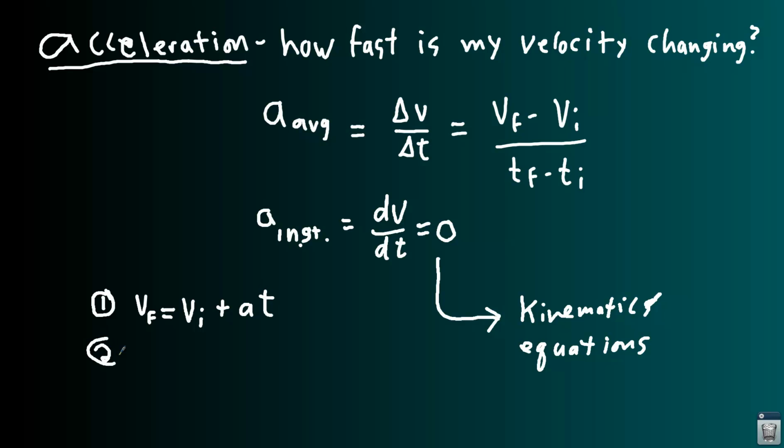Another one was x final minus x initial, we all know this is delta x, equals velocity initial times time plus 1/2 a t squared.